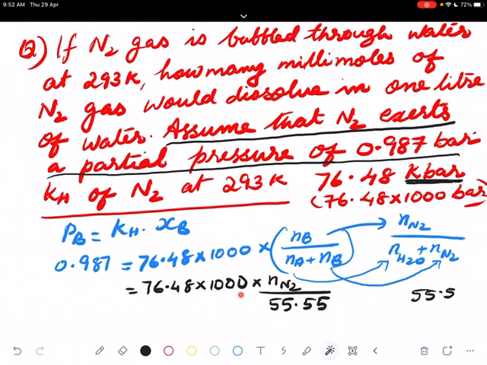So we have calculated the moles. Now to find out the millimoles, what you have to do? That is to be multiplied by 1000.